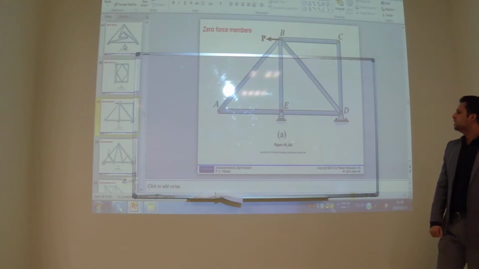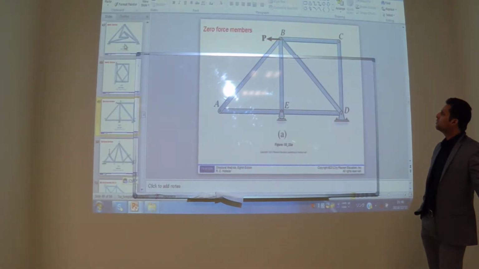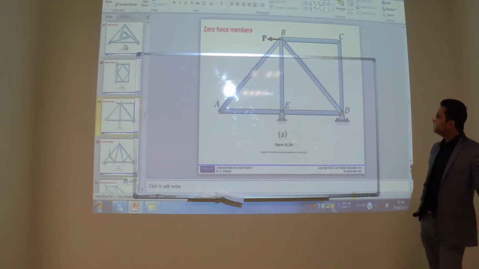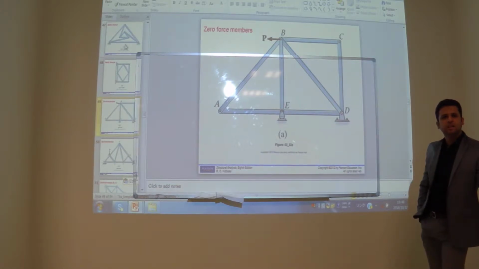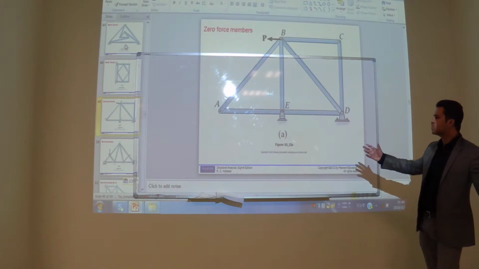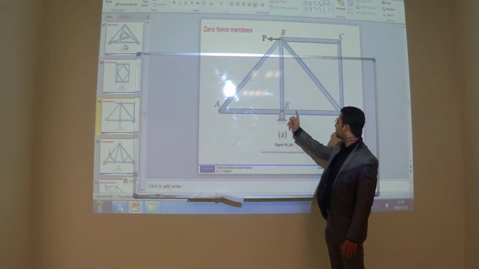What about E? No, we have four. The force in member BE is very easy to find. It will be equal to the reaction at point E. Even without solving the truss, you can tell the exact force, which is not going to any member, left or right.